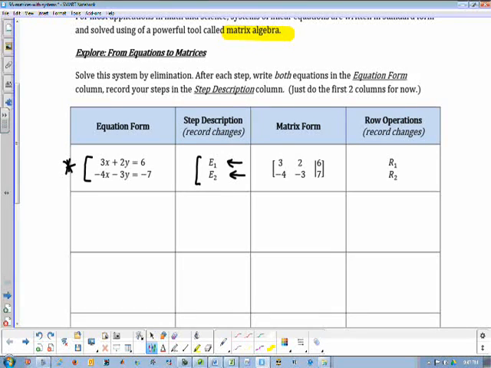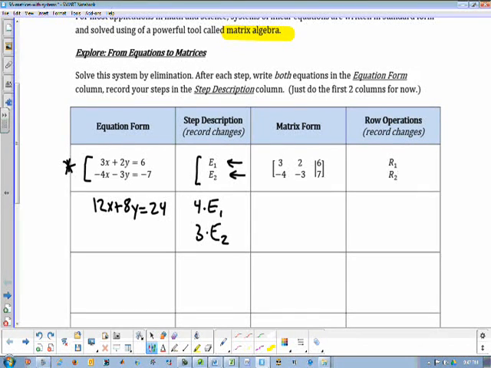All right? So let's take the first equation and multiply it times 4. And we'll say that's 4 times E1. Well, if we multiply the first equation by 4, we get 12x plus 8y equals 24. Got to multiply everything now, right? Let's multiply the second equation by 3. 3 times E2.